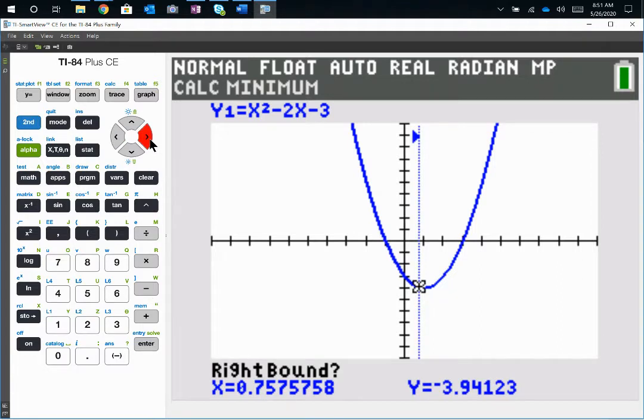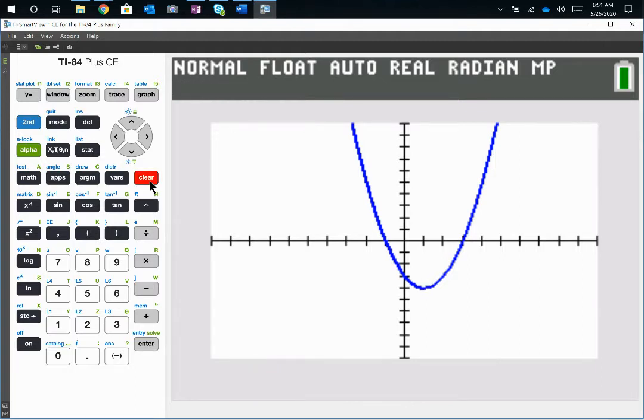Then go slightly to the right of that minimum point and press enter. And then the calculator makes you an offer. Says, do you want me to try to guess that minimum point? And it will guess the minimum point for you. Now, sometimes you get the exact value, sometimes you don't, depending on how close you put your parameters to the left and to the right.